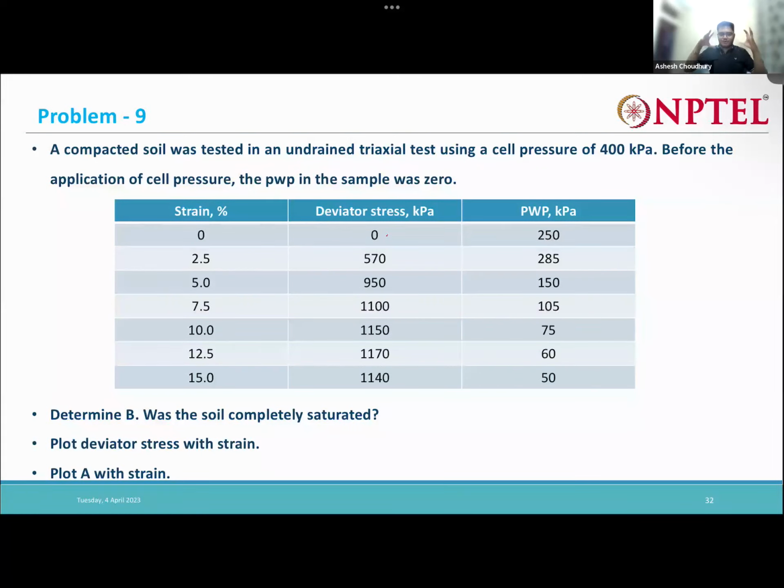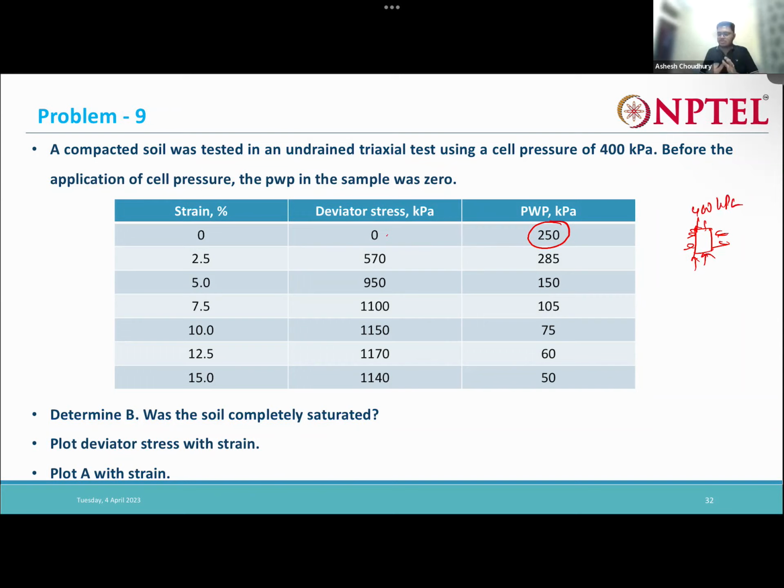See, we are applying a cell pressure of 400 kPa. Due to it, a pore water pressure equal to 250 kPa is generated in the soil. So this is the sample, and we are applying all around 400 kPa cell pressure.